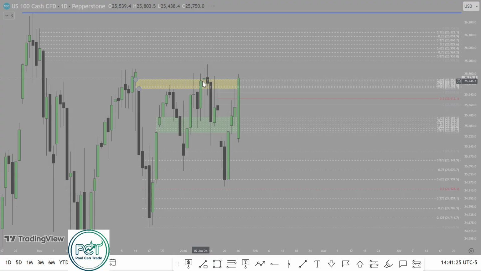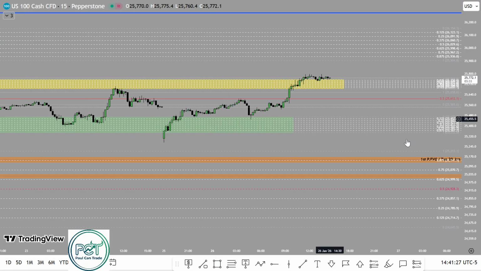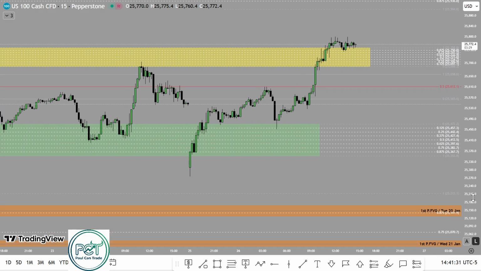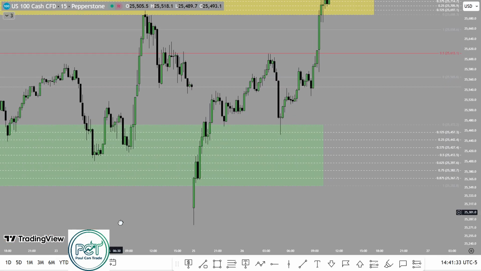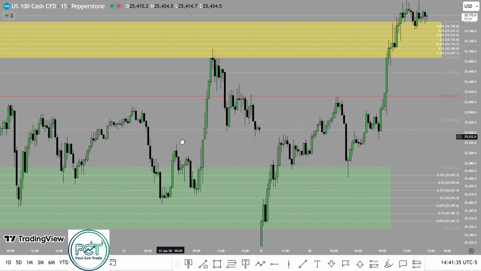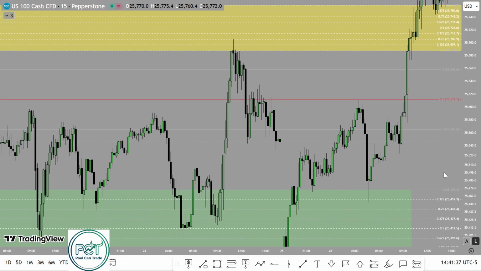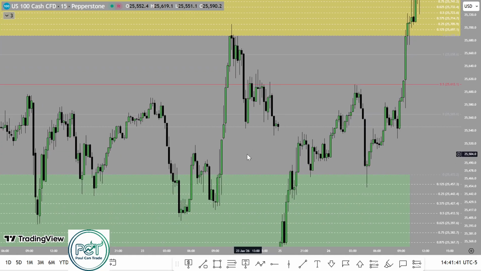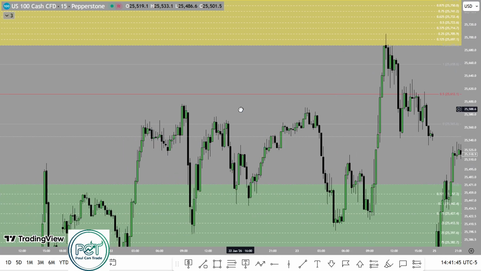Let's have a look at the 15-minute chart. Let's review Friday's trading first. So you'll notice how we were targeting some relative equal highs.